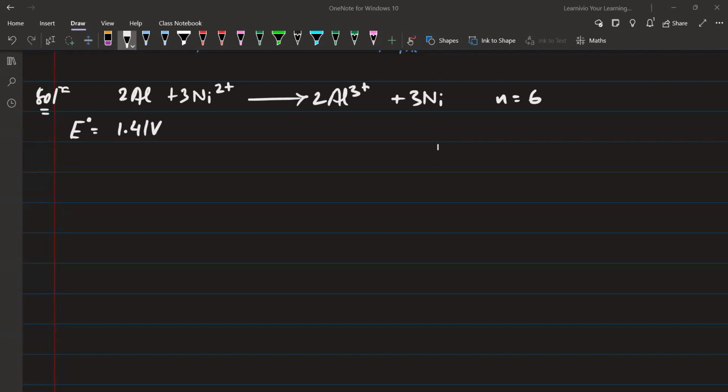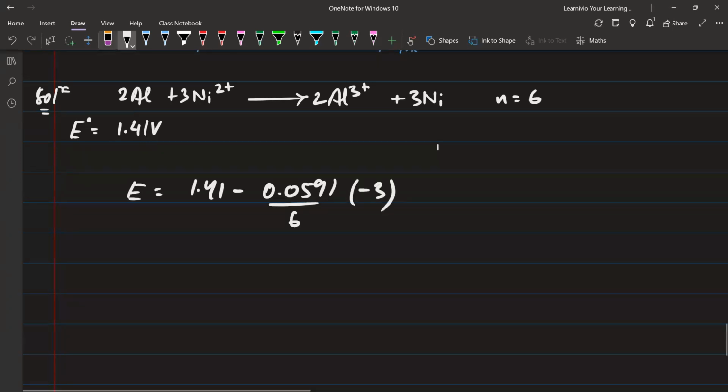You cannot divide 0.0591 by 2। इतना मिल रहा है ना आपको, देखिए हम बताते हैं आपको कितना मिल रहा होगा। You must be getting E will be equal to E naught, 1.41 minus 0.0591 divided by 6 and the power I will get here -3 आपको मिल रहा होगा, राइट?